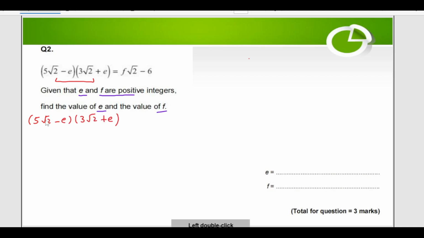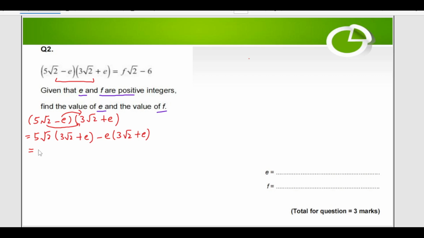If you look carefully, we can only multiply here. So this 5√2 times the whole bracket, 3√2 plus e, then minus e times 3√2 plus e. This e is multiplied throughout the second bracket.